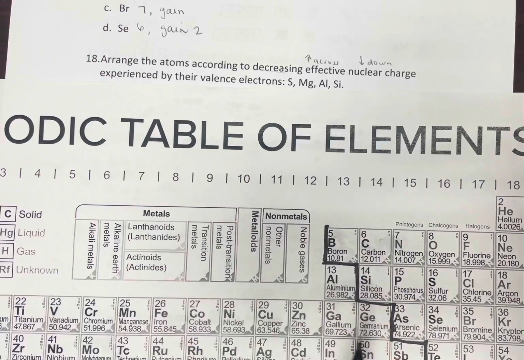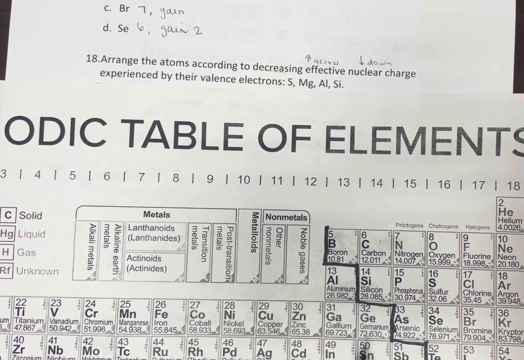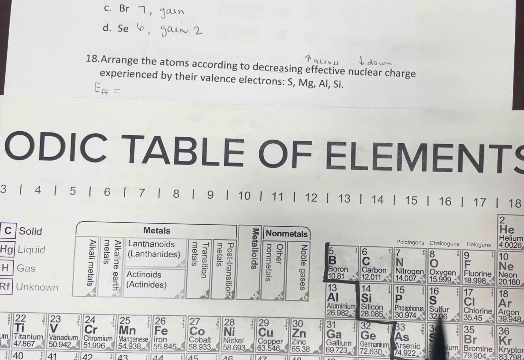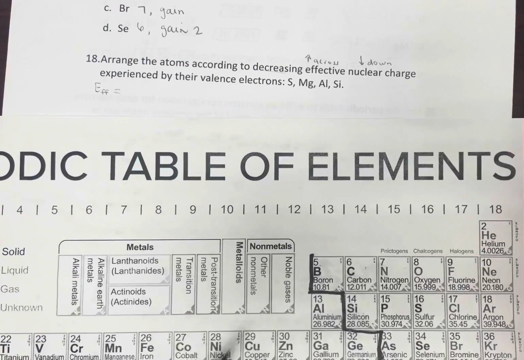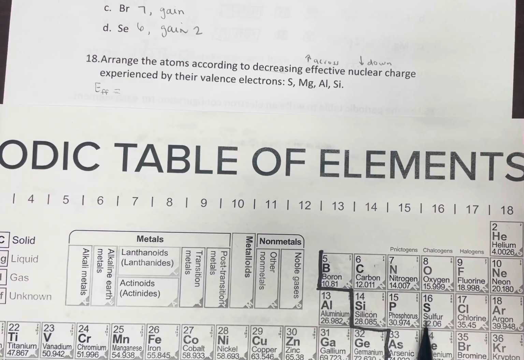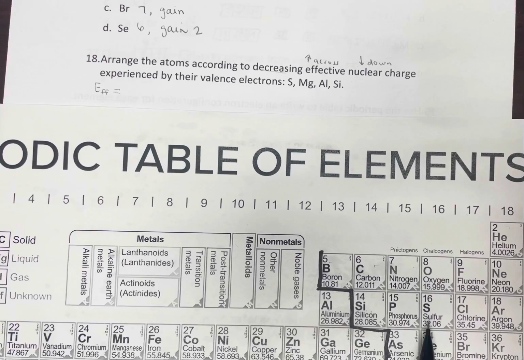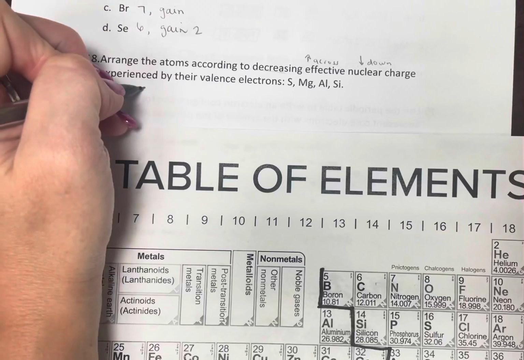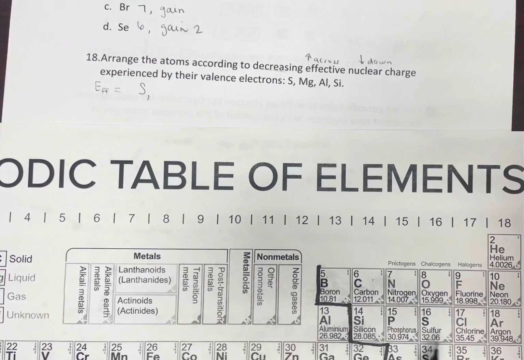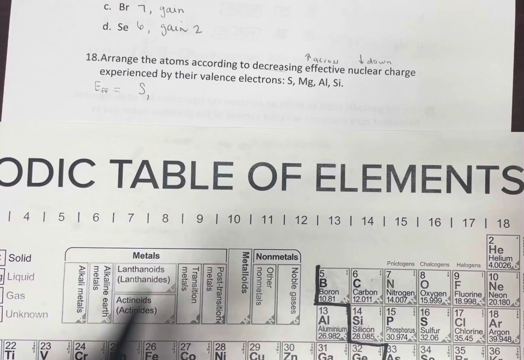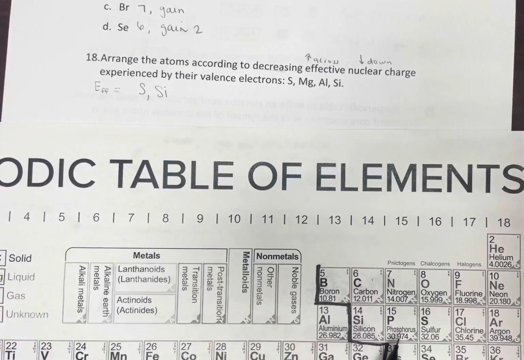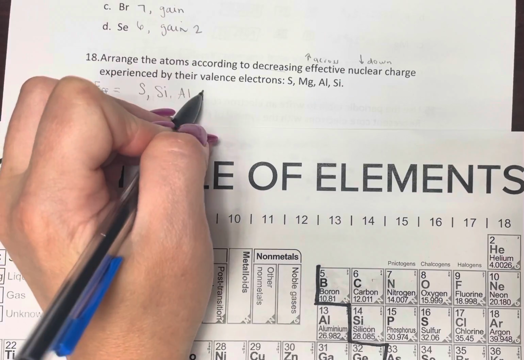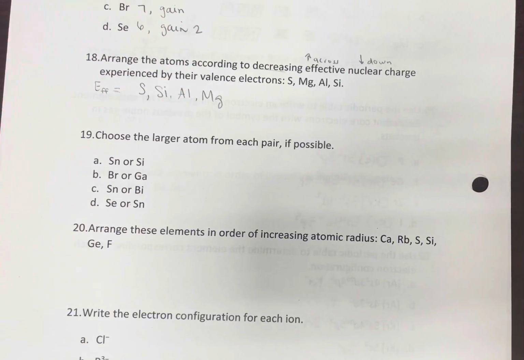It's going to increase as we go across because there's less shielding involved. So each one of these electrons gets more of the full power of the nucleus. The highest one would be the one furthest to the right, so that's going to be sulfur. Keep going backwards. Silicon. Aluminum. Magnesium.